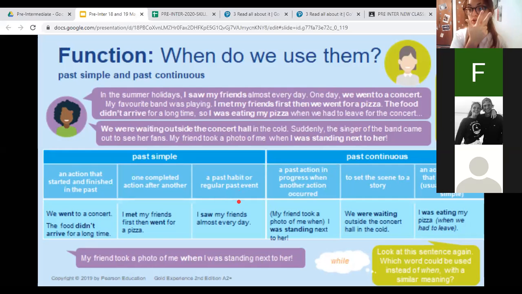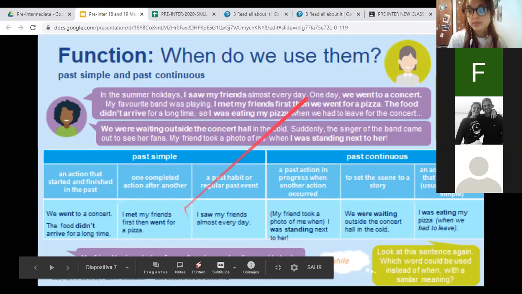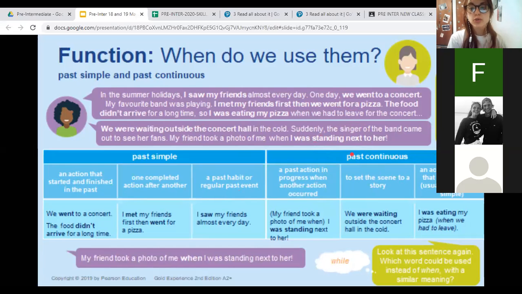So, three main uses. For an action that started and finished in the past, for a sequence of actions, one after the other, and for a past habit. Yes? Is this clear? Yes. Good.